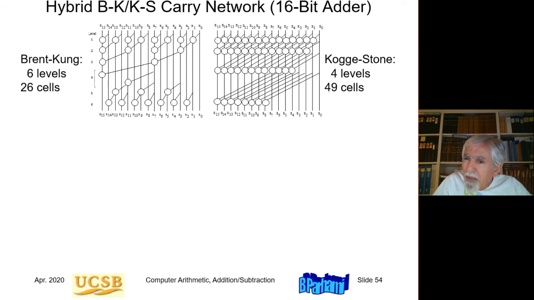It has more circles, more adders, more carry operators, and more wires. Brent-Kung circuit is sparser. Okay, Brent and Kung were interested in efficient VLSI implementation so that the adder did not take up much chip space. So that's why they produced that design.